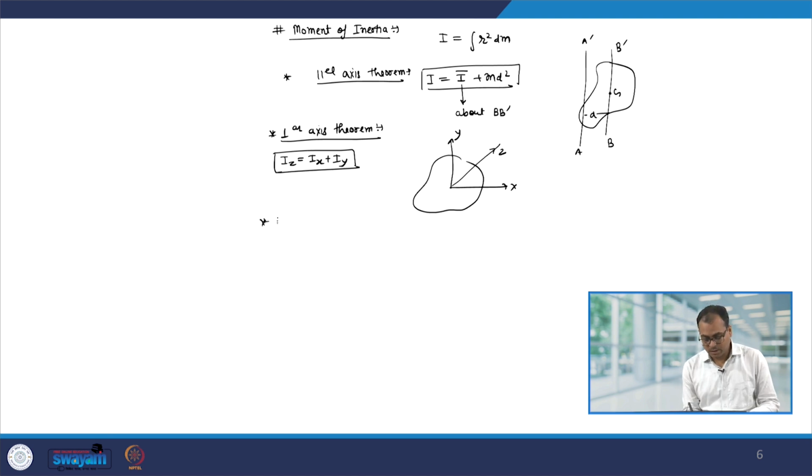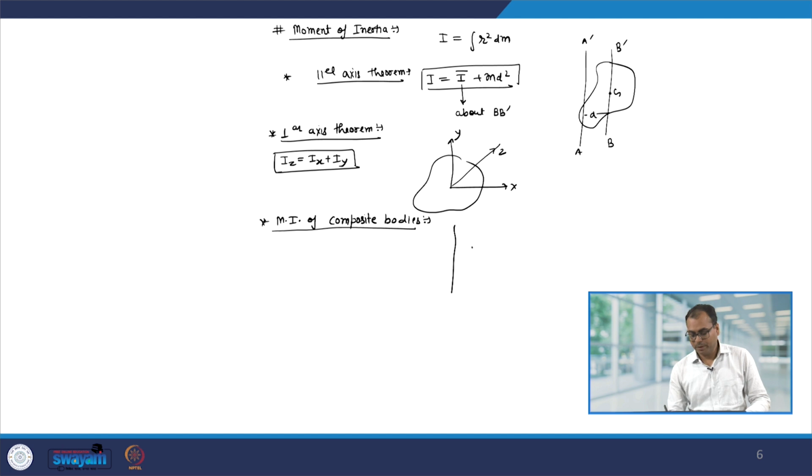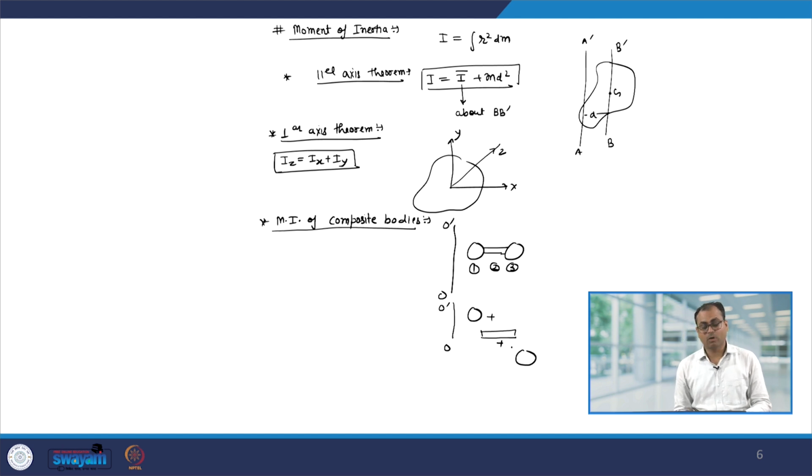Then we discuss the moment of inertia of composite bodies. Let us say I want to calculate the moment of inertia of this object about OO prime. Let us say this is object 1, 2 and 3, then the moment of inertia about OO prime will be the moment of inertia of the first object plus that of the second object plus that of the third object.